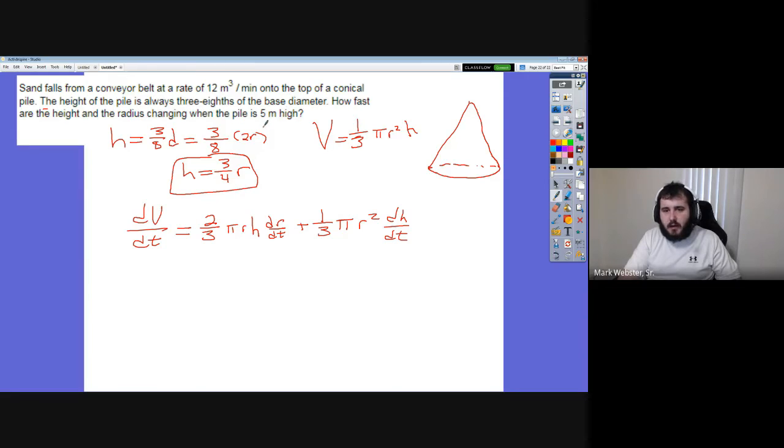That's a lot. There's a lot of stuff that we don't have. There must be a way that we can make this simpler, right? This is ugly. This is gross. I don't want to have to do this much work, especially when I really don't get much. Look what I get. I get meters cubed per minute. So this is the dv dt. That's good. That's our d volume dt. That's set up.